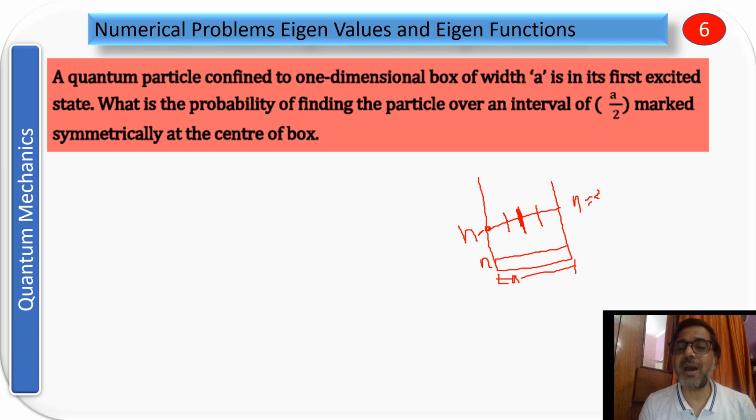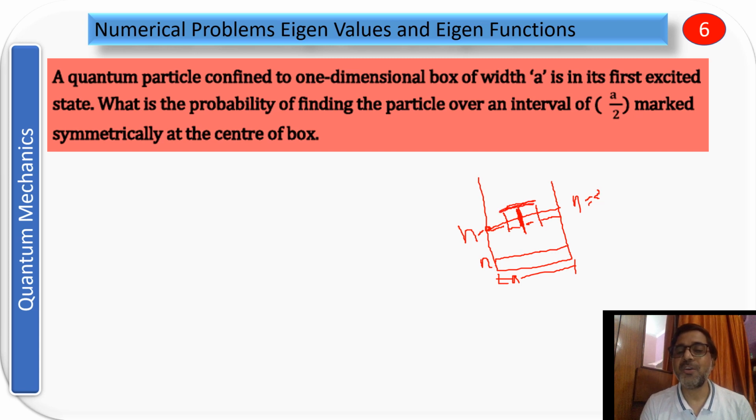So now you divide it into 4 zones. This is your a by 4, this is another a by 4, so a by 4, this is 3a by 4, and then this gives you the full width. So you have to find the probability within this interval.